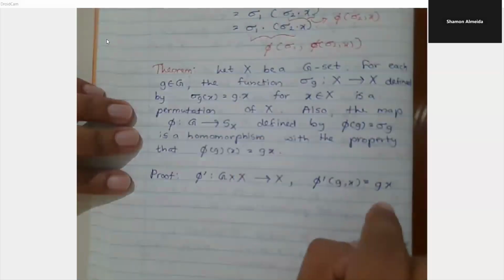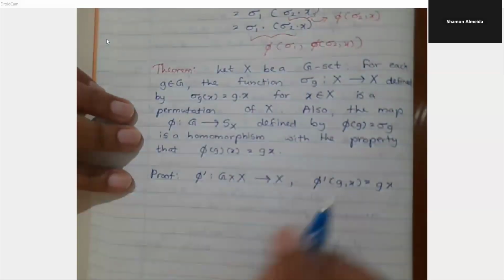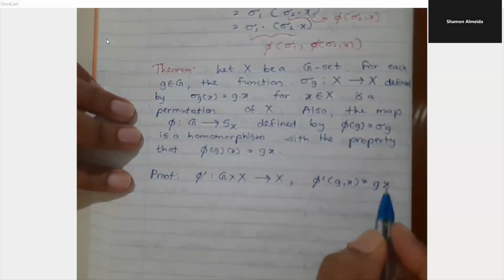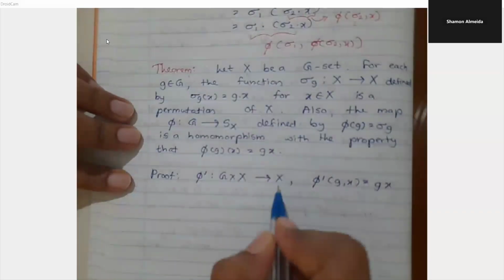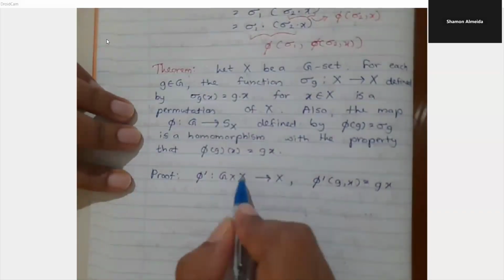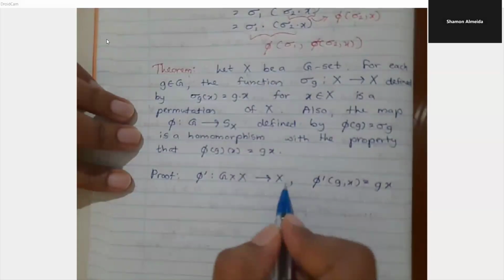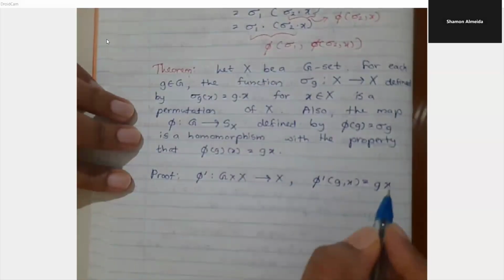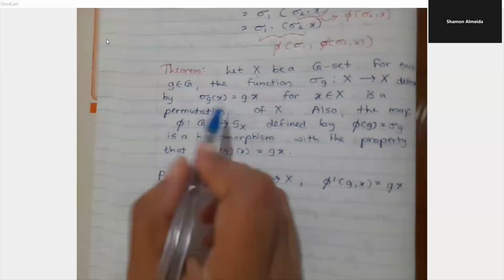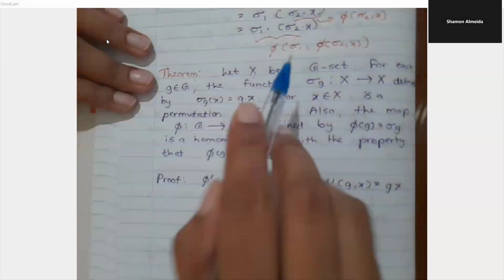Now we are going to simply denote this by gx. So we understand this gx is actually an element in X, because you take any pair of elements from here, and through the group action you get another element in X. So this function is all well defined. So X is a G set.